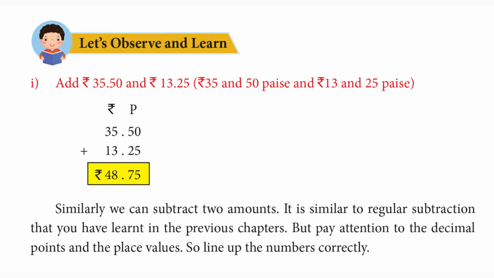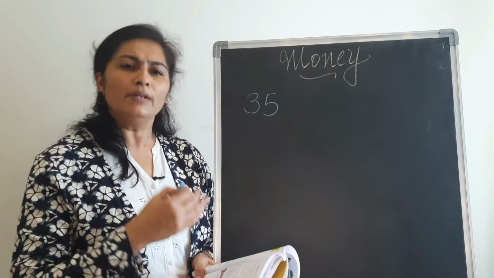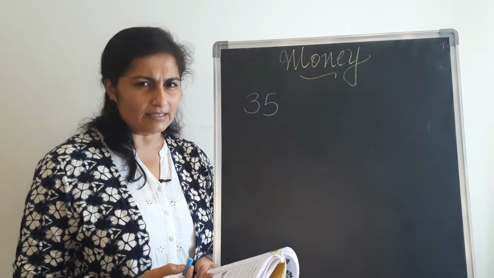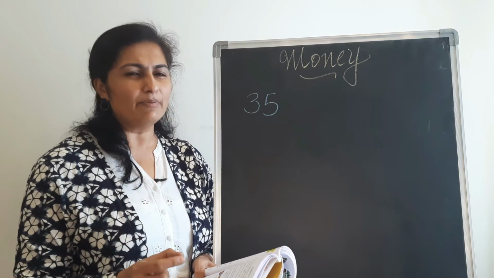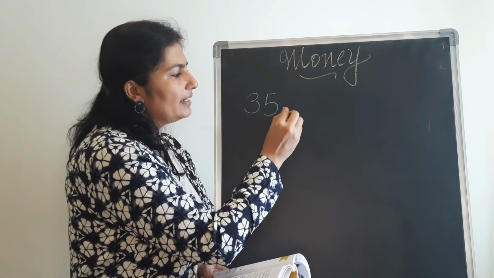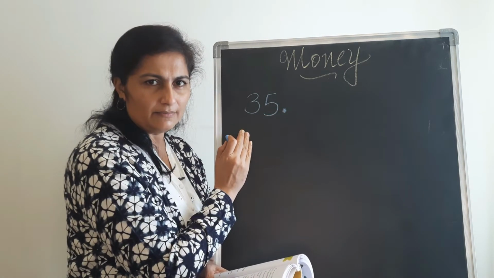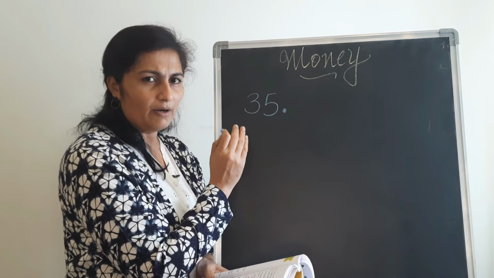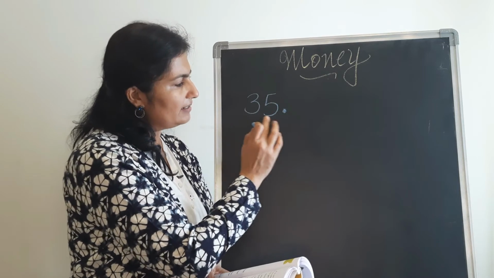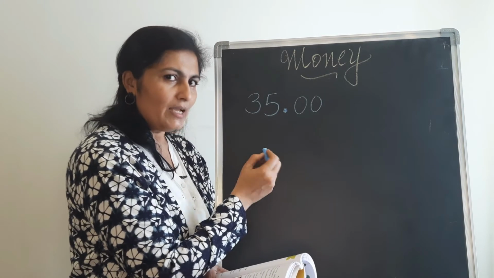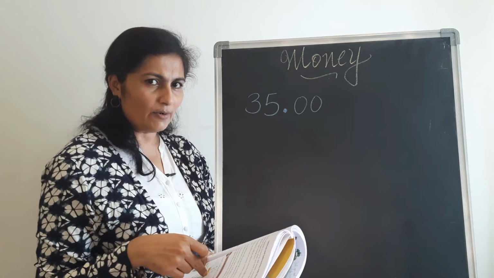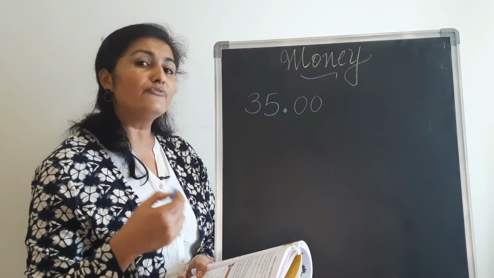35. Now, how do we write money? You will learn about decimals in class 3, but for now we will keep it simple. If the amount given is 35 rupees, we write it as 35 and then 2 zeros. But now when we look at the sum in your book, it is 35 rupees and 50 paise.